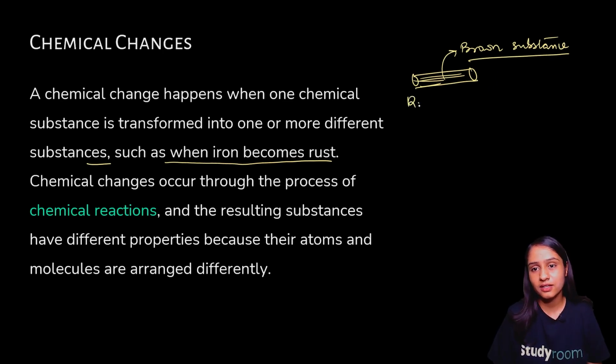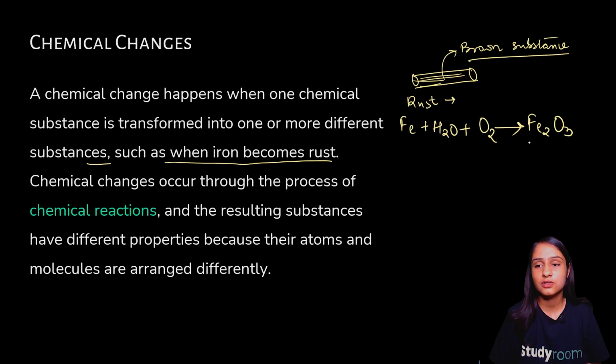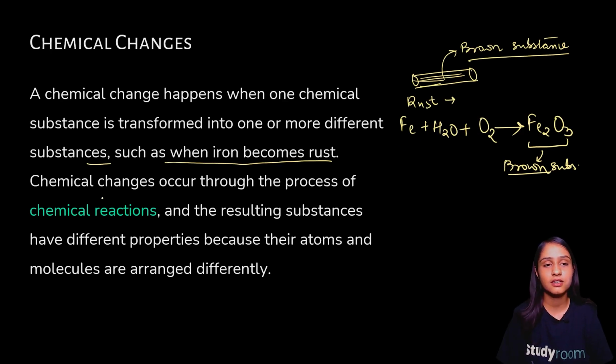What rust means is that iron plus H2O, the atmospheric moisture, and O2 react to form ferric oxide. So this is the brown substance which you see. This is how the iron gets rust.